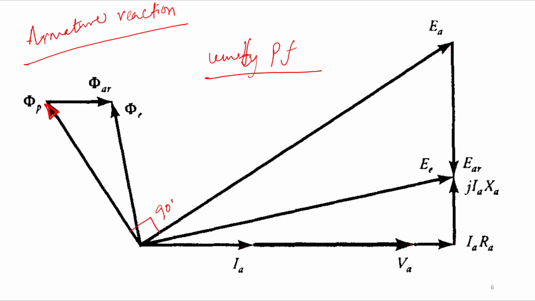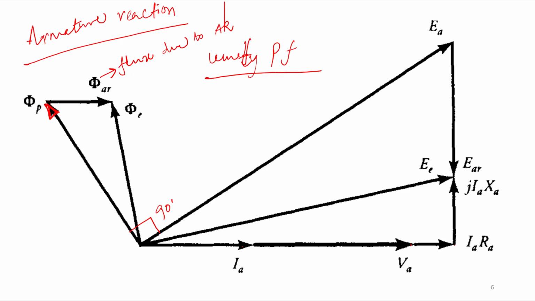Now phi AR is the flux due to armature reaction, in short AR, armature reaction. What should be the direction of phi AR? Because it is due to the armature current, it must be in phase with armature current, right?